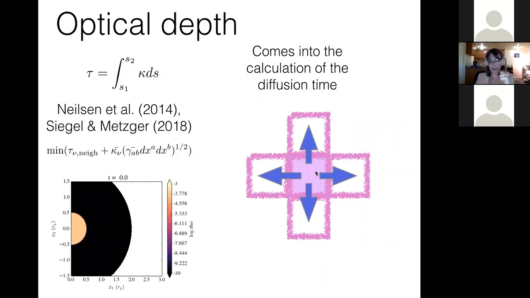And then we say, okay, so what's the minimum kappa ds to each of the neighbors? And we're going to do an iteration over that. So this is basically the kappa ds, which is just a delta tau, a delta optical depth. And we're going to get the minimum of the optical depth to the neighbor plus this delta tau.